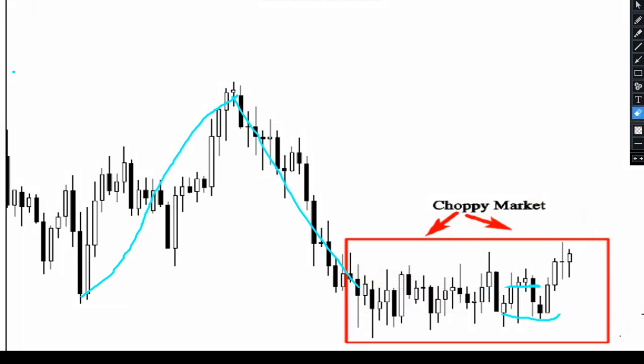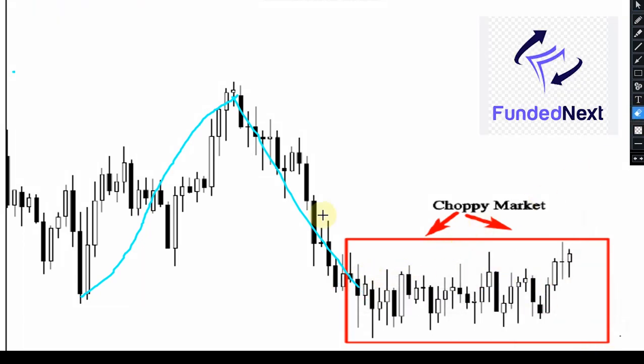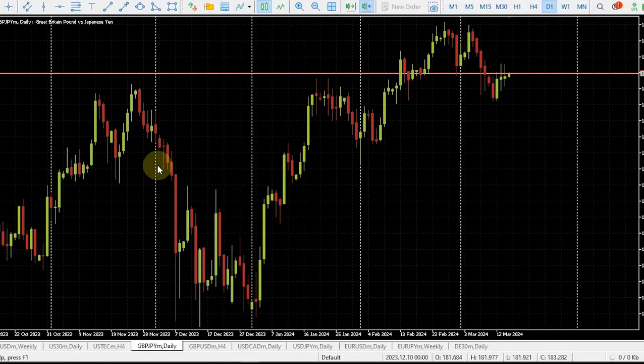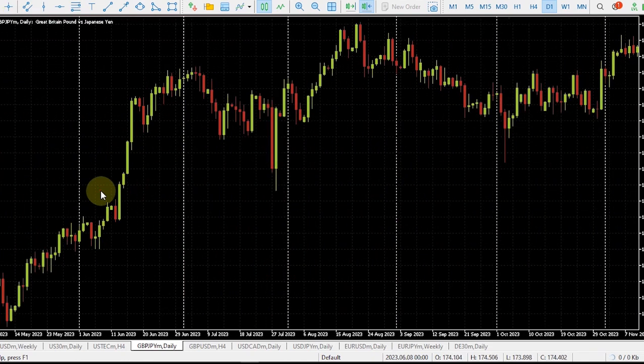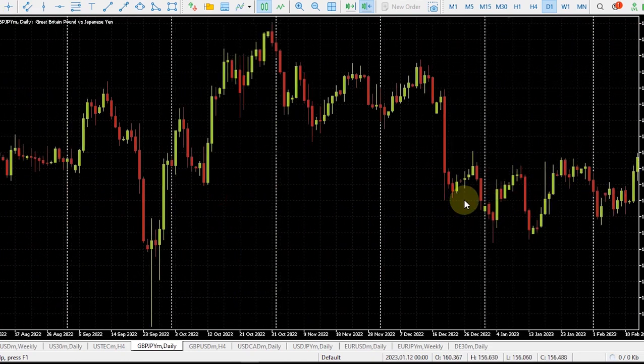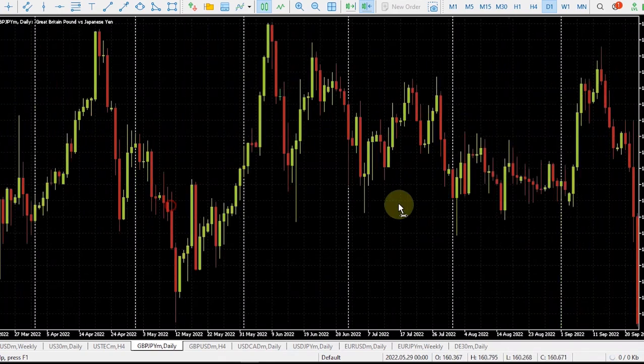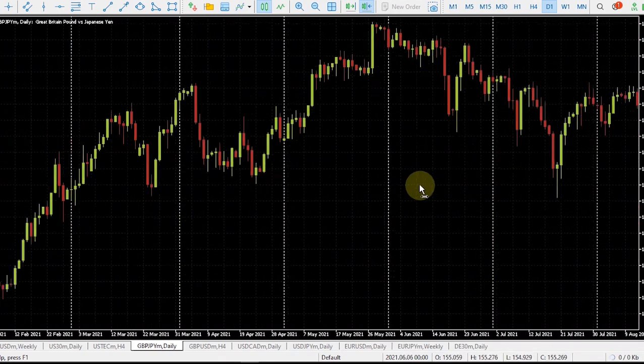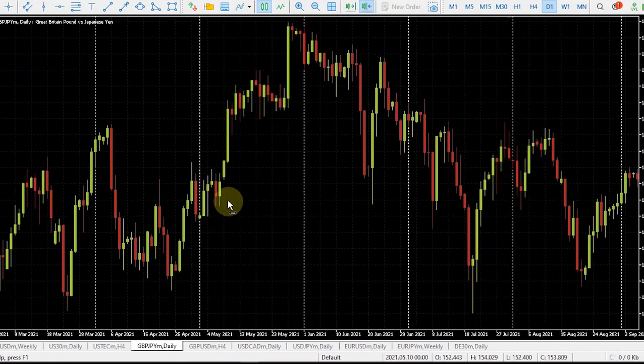So let's get into the live chart and see what the market is doing when it comes to the forming of a trend. It's advisable for you to always use your trend line, because a trend line will help you to see the structure and how the market is going.